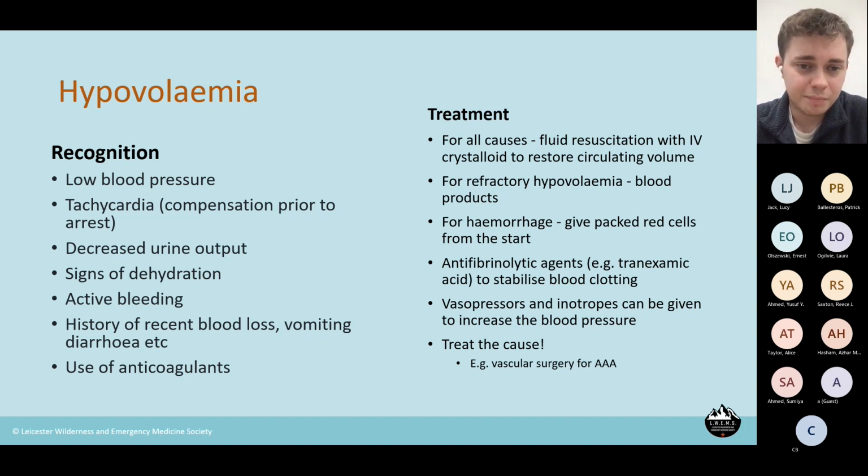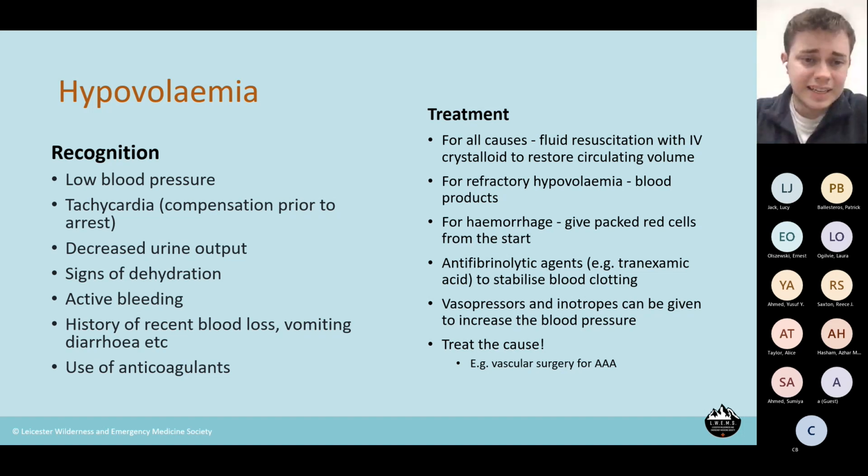For hemorrhage, you want to give blood products, so packed red cells from the start instead of fluids, and then consider other blood products like platelets, fresh frozen plasma, cryoprecipitate alongside that to help stop the bleeding and replace those other blood components.